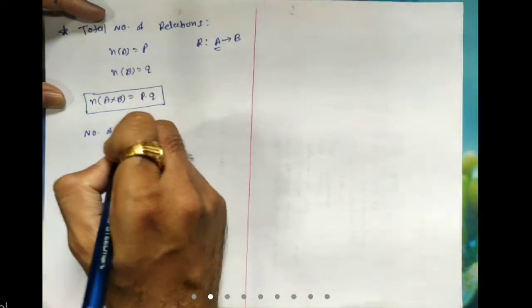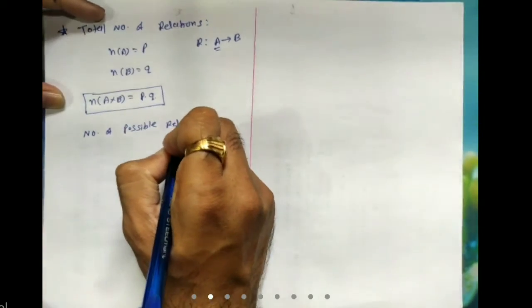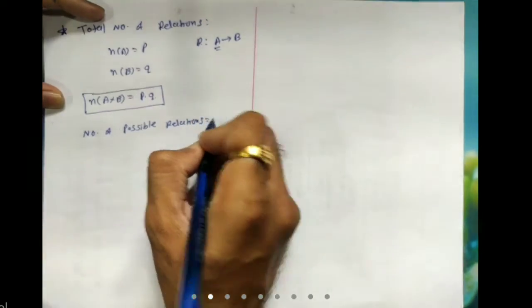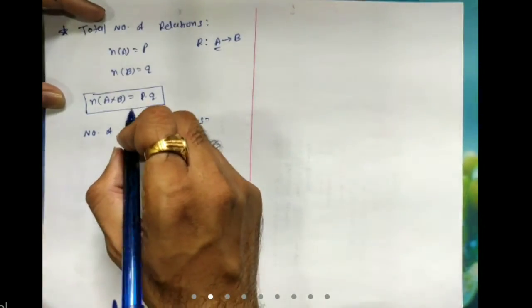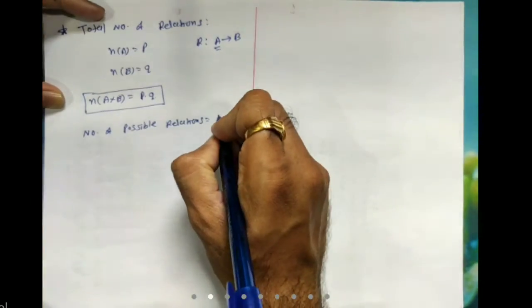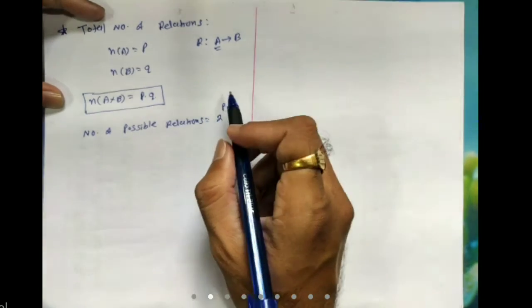So the total number of possible relations between set A and set B is nothing but the total number of possible subsets of A cross B. For m number of elements, the total number of possible subsets is 2 raised to m.